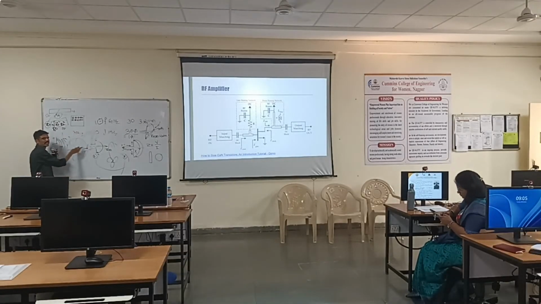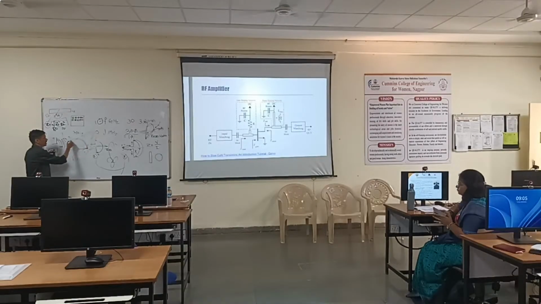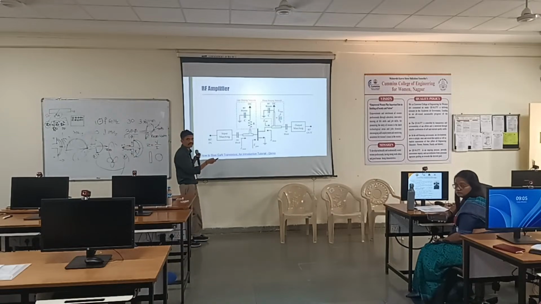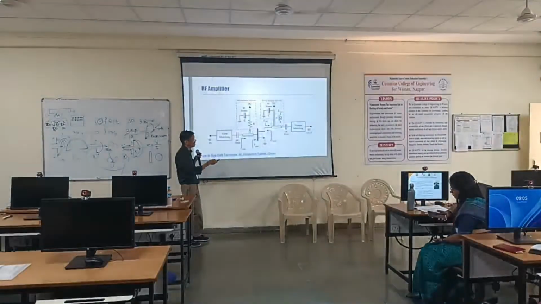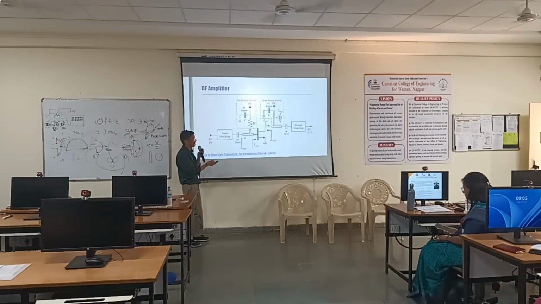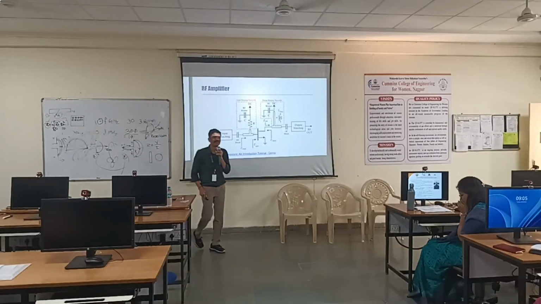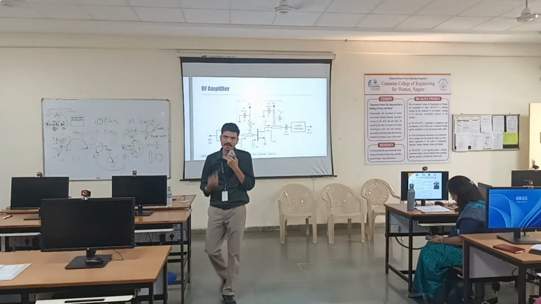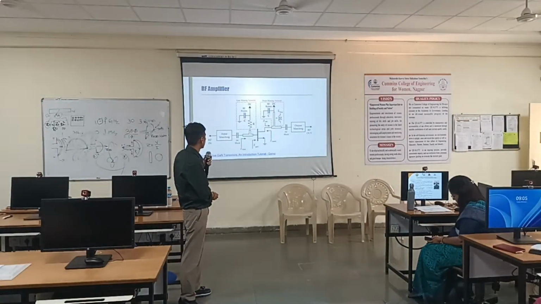This is short point, this is open point, this is Vmin, this is Vmax. So if I travel half of the Smith chart, I am transferring from short to open. If this point is short, and I put a lambda by 4 line in between, that lambda by 4 line will convert this point from short to open for that ripple. So how beautiful lambda by 4 line is doing its job. Got it? Alright, so let's move on quickly.